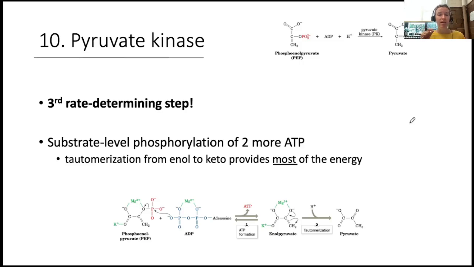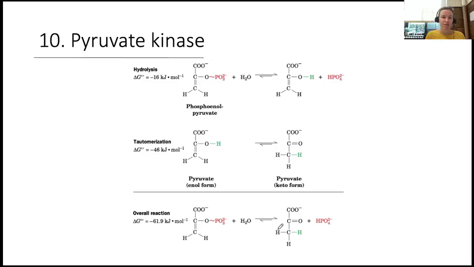The interesting thing about this reaction, folks, is that it's actually not really the hydrolysis of this phosphate that's giving us most of the energy that's released. It's the tautomerization from enol to keto of the intermediate that provides most of the energy. And I show that here on the slide.